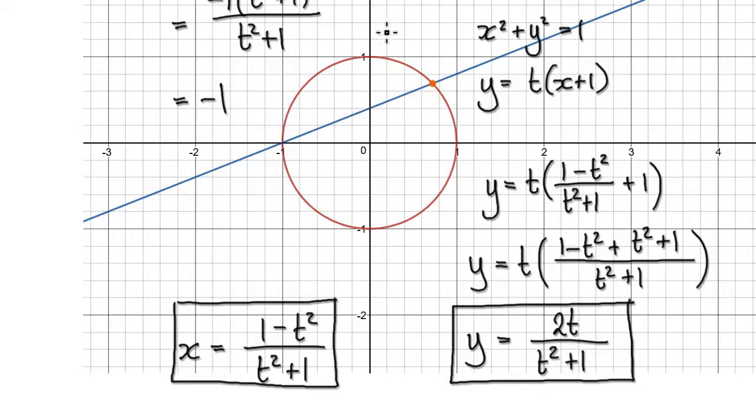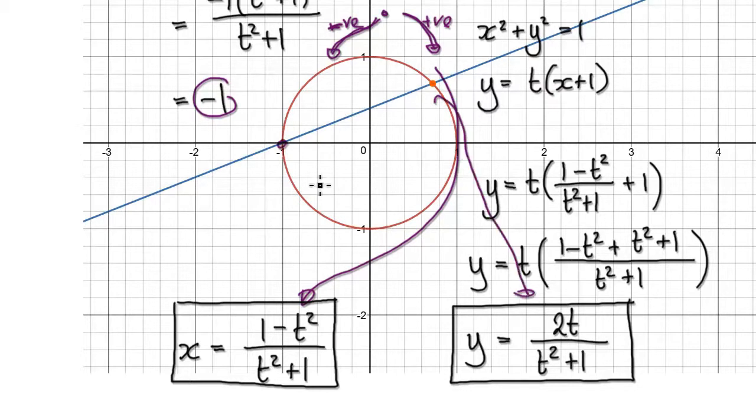So back earlier, we had a choice of going down the negative strand or the positive strand. Going down the negative strand will always lead you to -1. But if you go down the positive strand, it will lead you to this and this, but it doesn't include the point -1, 0.